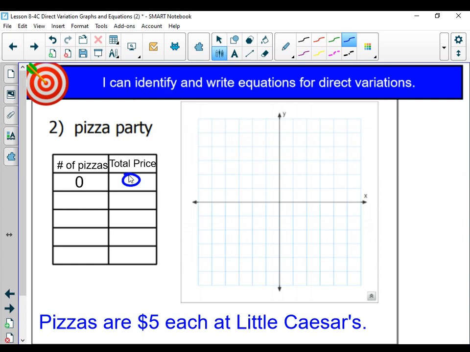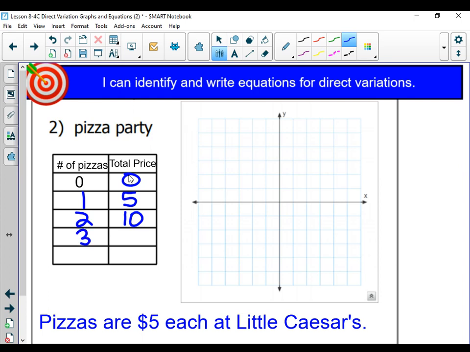Maybe you want to make your own little XY chart. If I buy 1 pizza, $5. See how we have a steady increase going on here? If I buy 2 pizzas, $10. Steady increase.